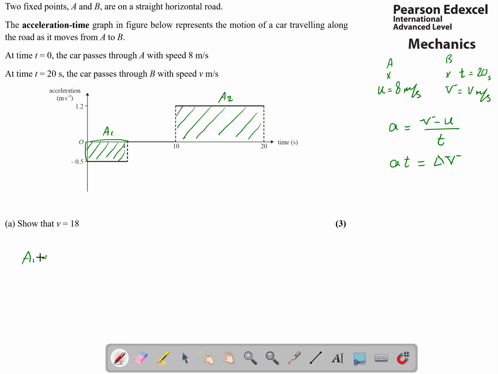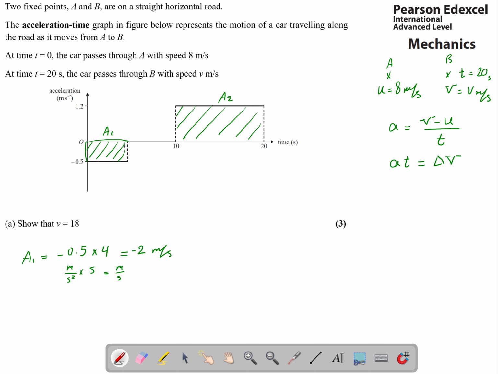Area 1 equals minus 0.5 multiplied by 4 equals minus 2 meters per second. Since the unit of acceleration is meters per second squared, multiplied by the unit of time, second, the answer's unit will be meters per second.